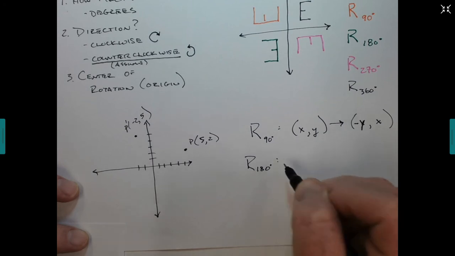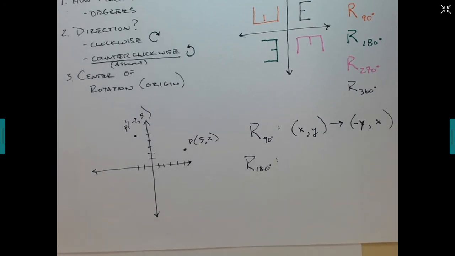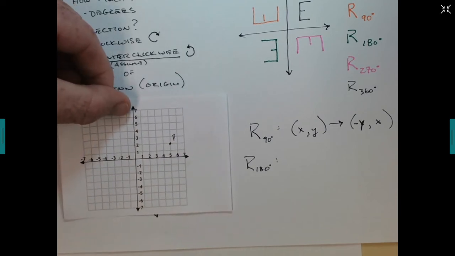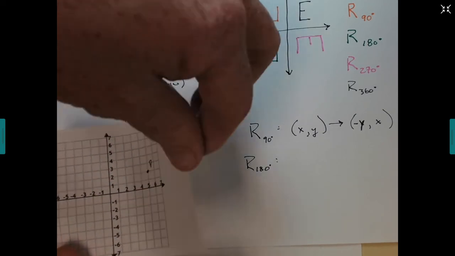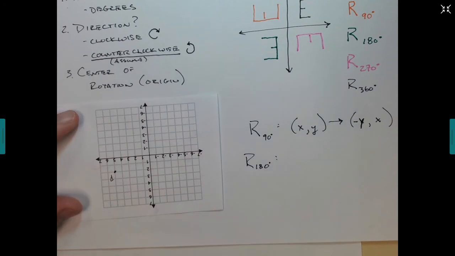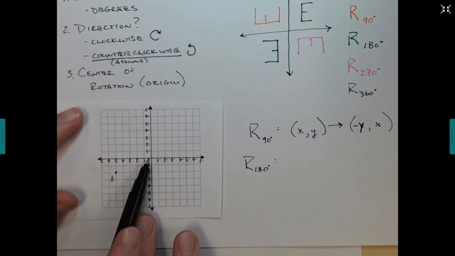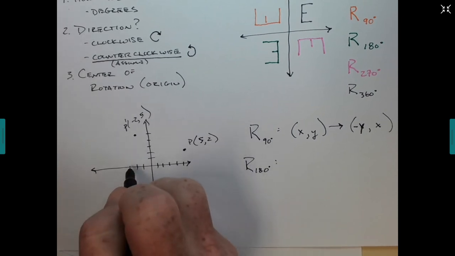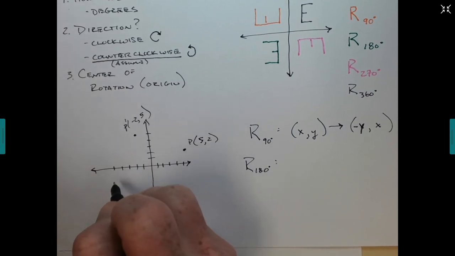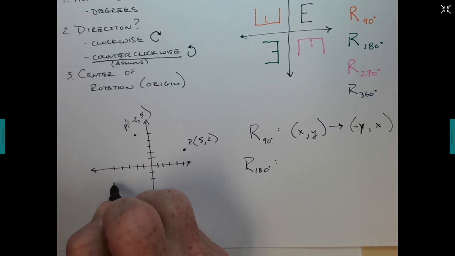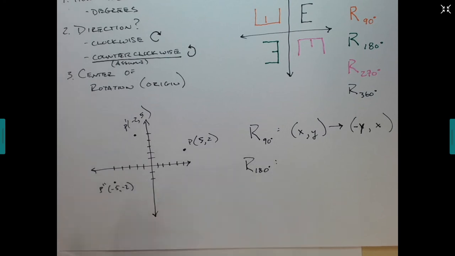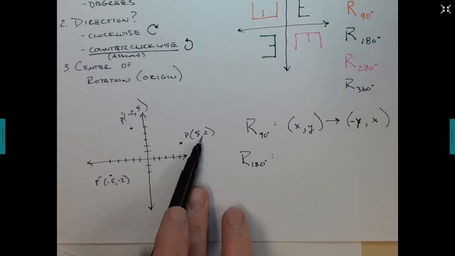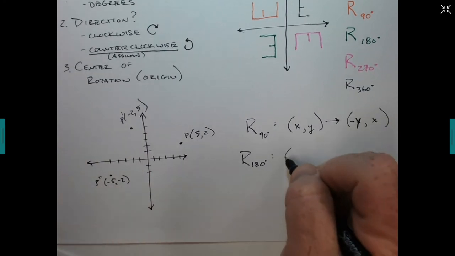Let's see if we can take a look at what happens at a 180 degree rotation. Well, that point that was at 5, 2, after a 180 degree rotation, it's now at -5, -2. Well, the numbers didn't switch, they just changed signs.